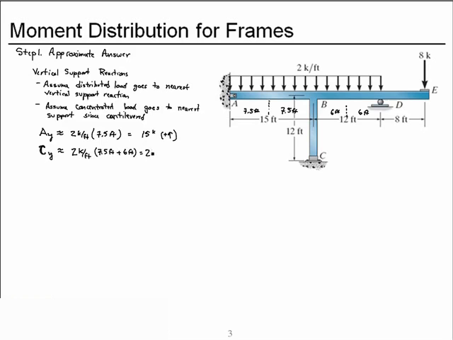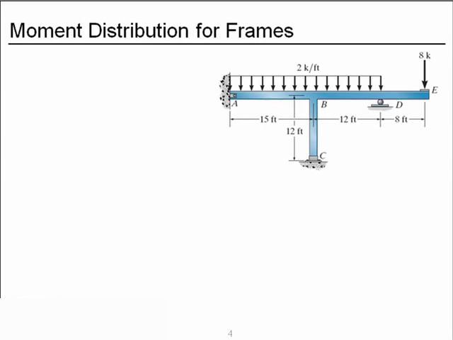Put those together and we'll predict roughly 27 kips acting up at point C. And DY will be approximately the 2 kips per linear foot acting over the 6 feet from the left side, and that cantilevered load, the 8 kips. Put those together and we'll predict roughly 20 kips acting up at D.